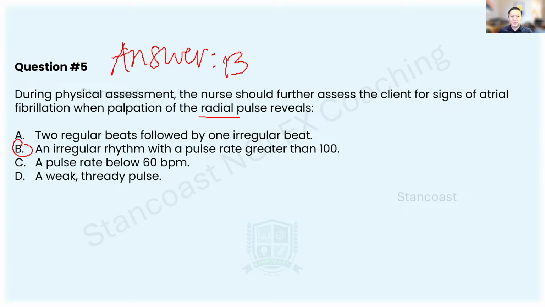If you had answered letter A, 2 regular beats followed by 1 irregular beat, what does that mean? It's not specific to fibrillation or AFib.